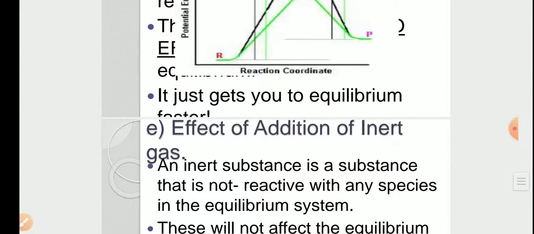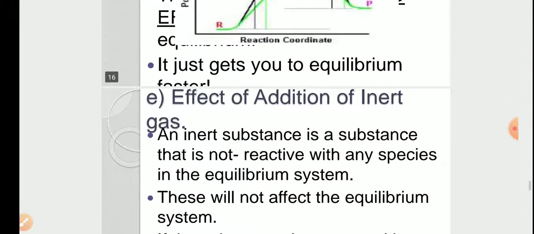Another important thing is the effect of an inert gas. If you add an inert gas, it will not hamper the chemical reaction, but it increases the pressure.